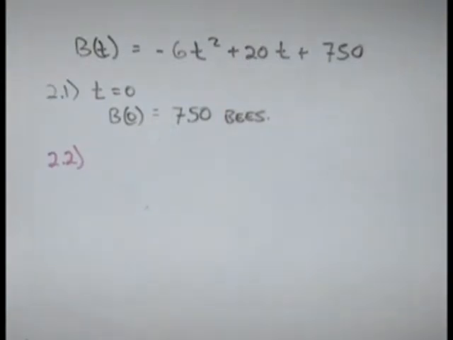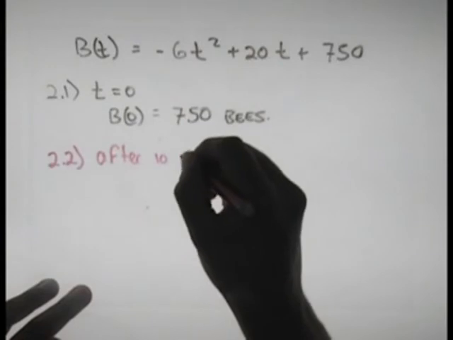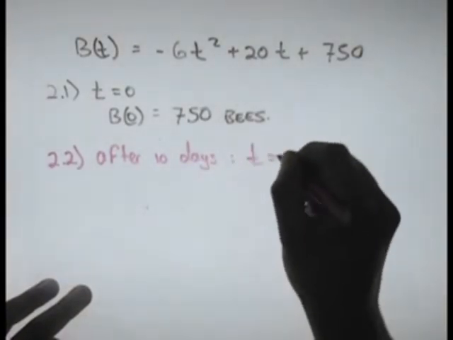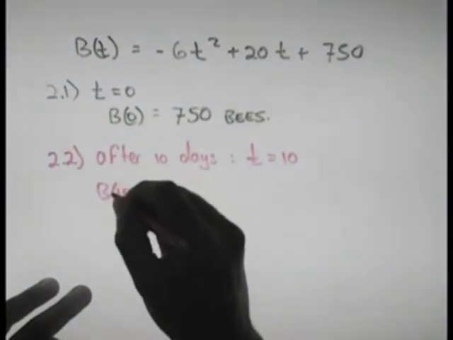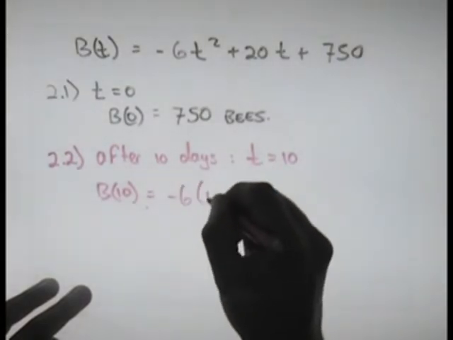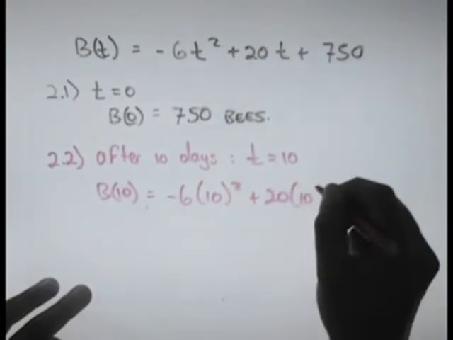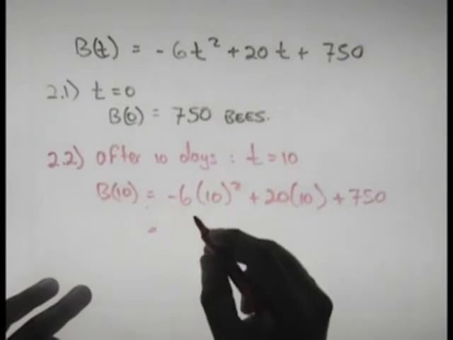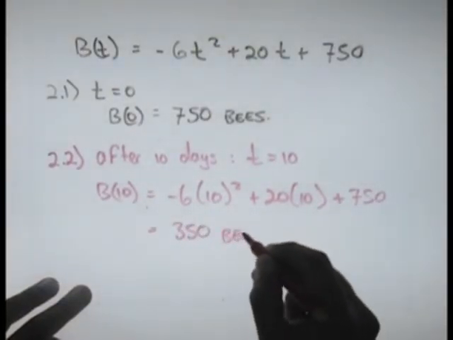2.2. How many after 10 days? After 10 days, meaning when t is equal to 10. That means we are looking for b of 10 is equal to minus 6 times 10 squared plus 20 times 10 plus 750, which will give us an answer of 350 bees.